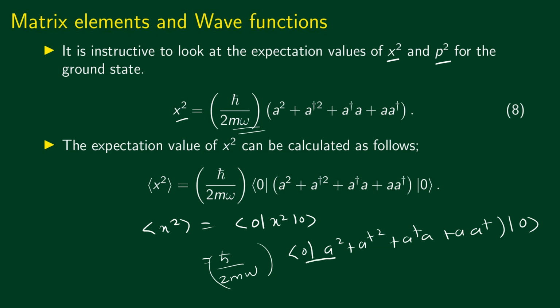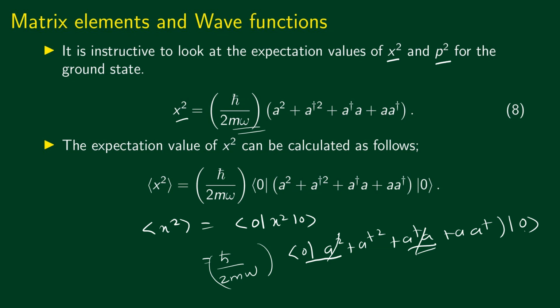The first term would give bra 0, A squared, ket 0. This is equal to 0 because A acting on ket 0 is equal to 0. This was the definition of the ground state. So this term is going to give a 0 contribution. And here we have an A dagger A, but A dagger A acting on ket 0 also gives 0, because A acting on ket 0 is 0.